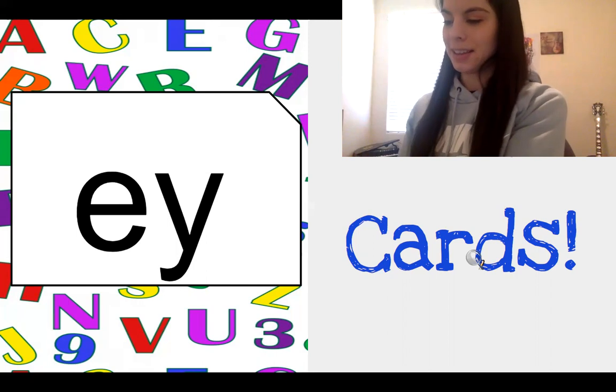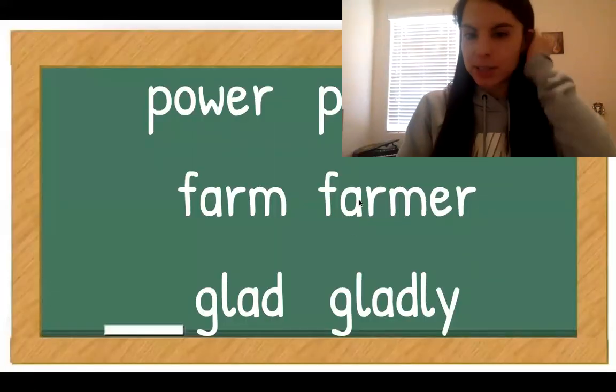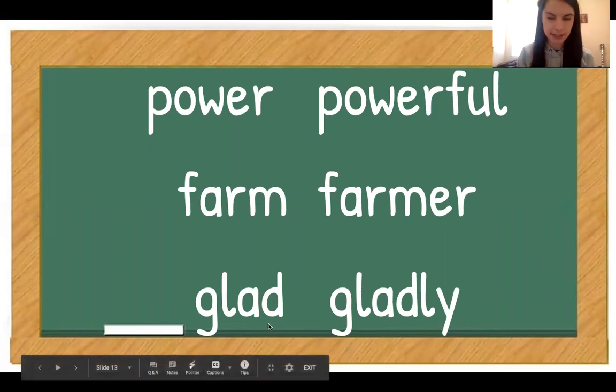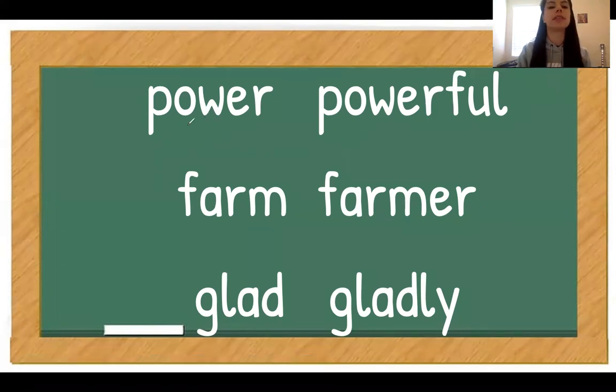Okay, guys. Last set of words before we head over to our spelling test, okay? All righty. Let's see here. Let's do orange today. All right. Remember OU says ow? Power. Power.